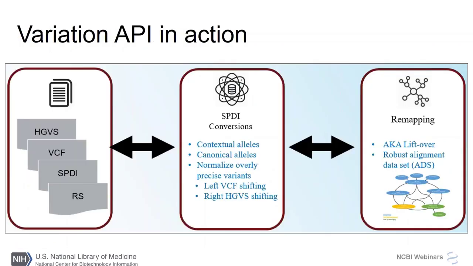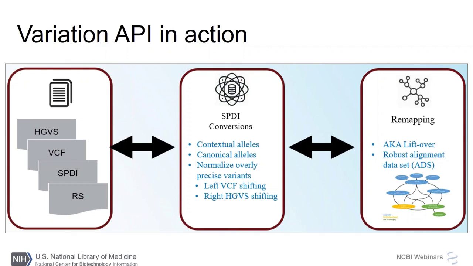So this is just a slide that shows you how you can do these kinds of things in sort of a schematic. You've got all these different variants in different formats. You convert them to SPDI. In particular, you want to try to get the contextual alleles, and those are going to normalize for overly precise variants.